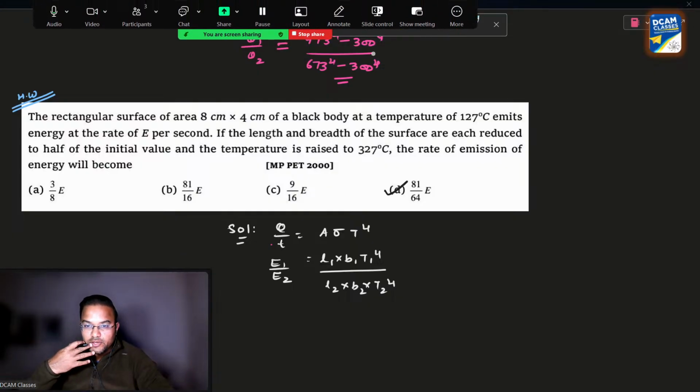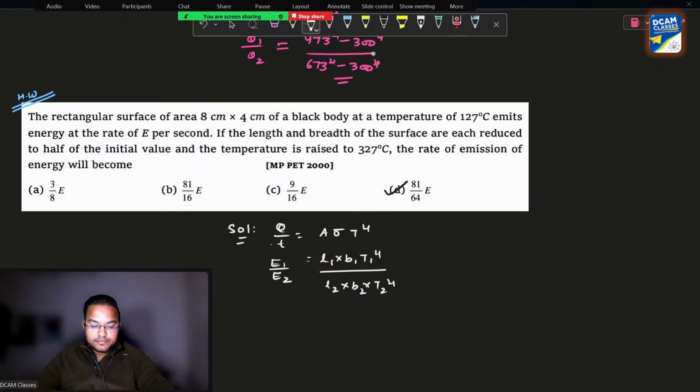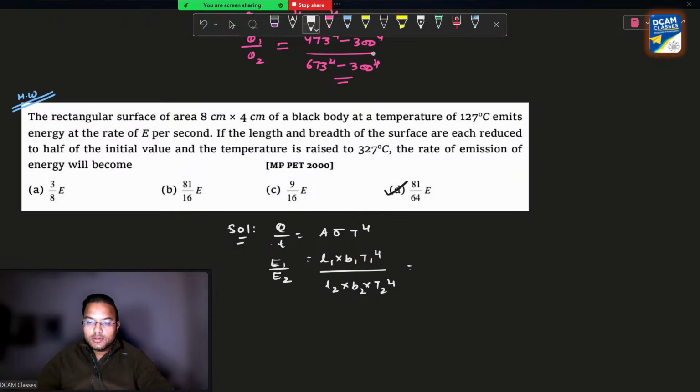Just have to put the values. Put the temperature in Kelvin. T1 is 400 Kelvin. L2 is L1 by 2. V1 by 2 into 600 power 4.